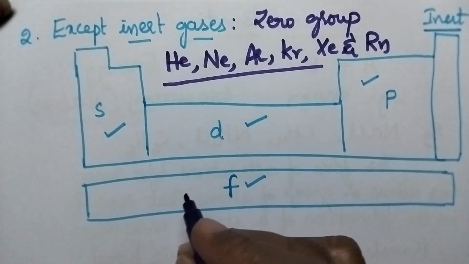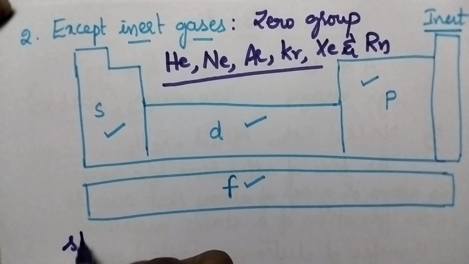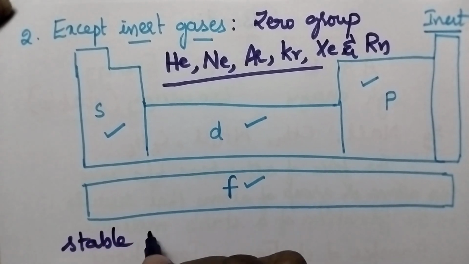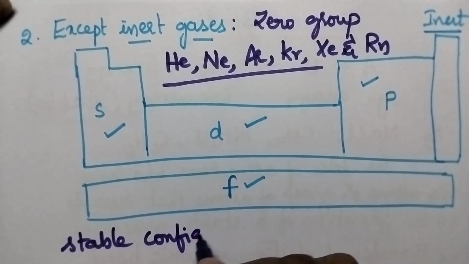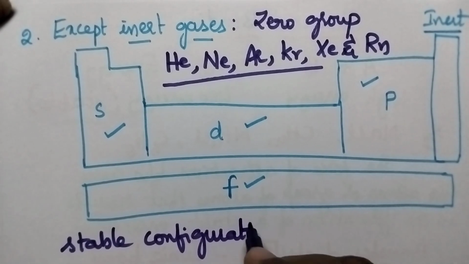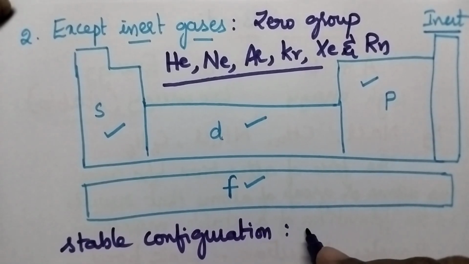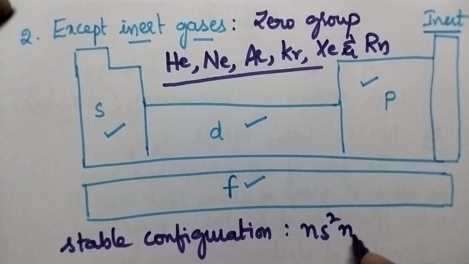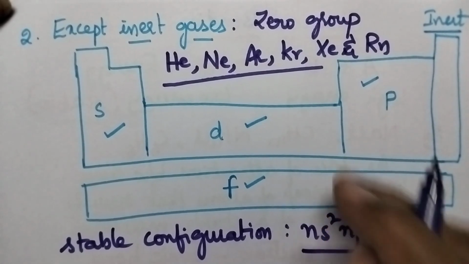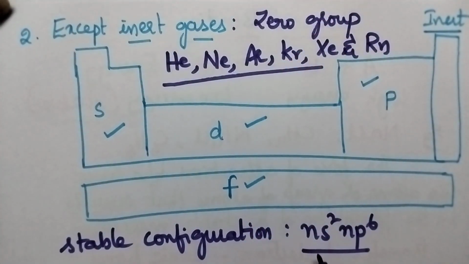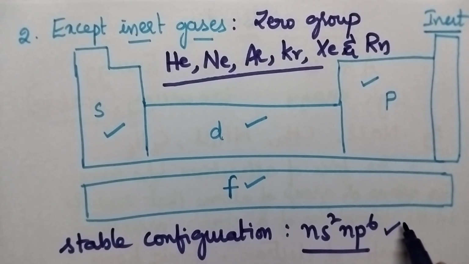So because of the stable configuration. What is the stable configuration? That is ns2 np6. So these zero group elements consist of a stable configuration, that is ns2 np6, with the result that they do not participate in chemical bonding.